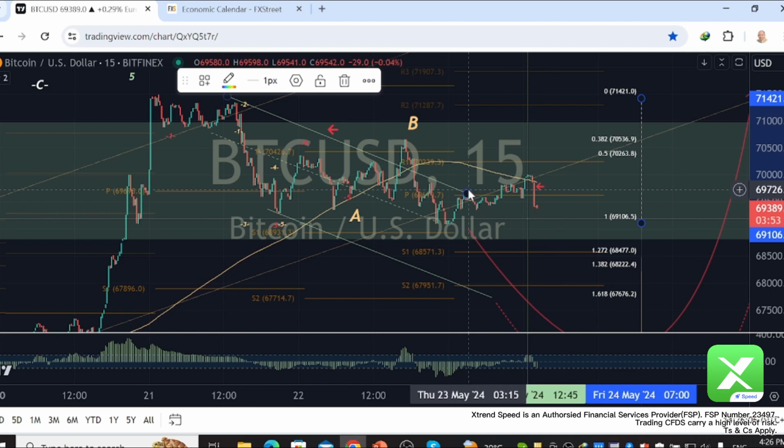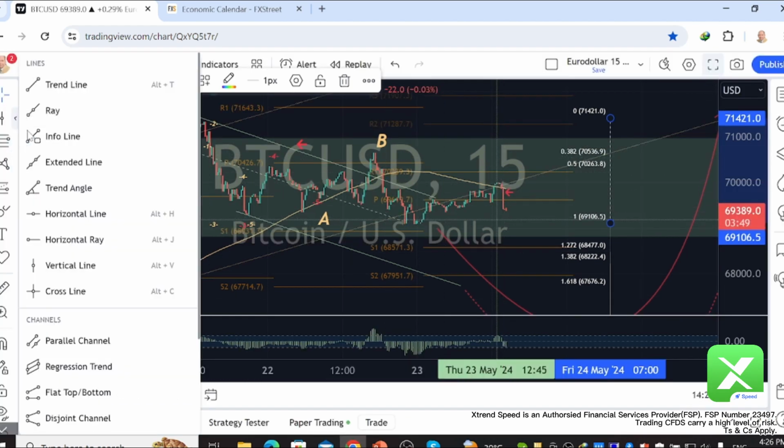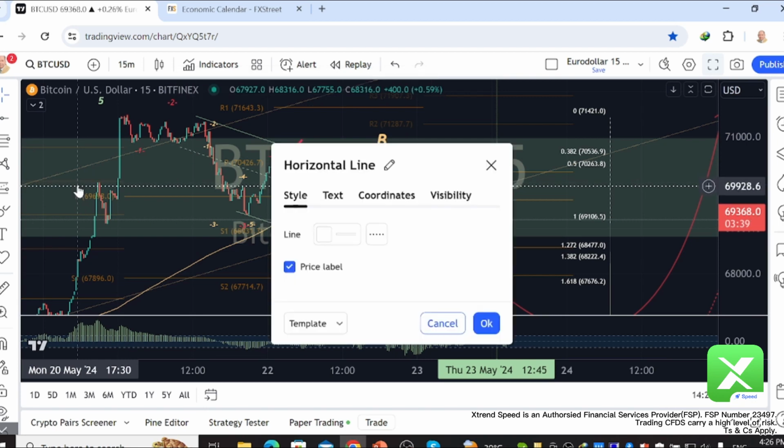So let's have 50% in first. Just visually speaking, it is exactly this point.